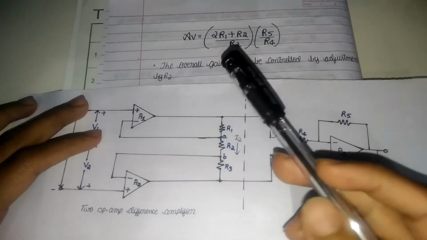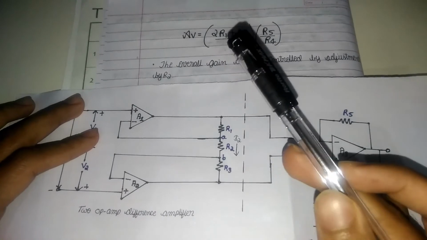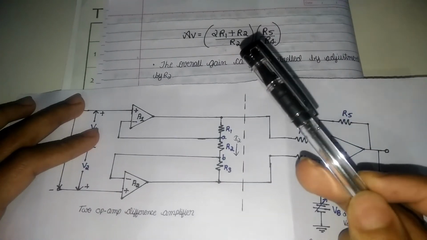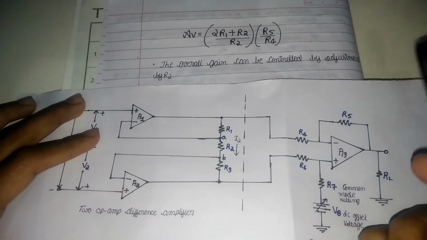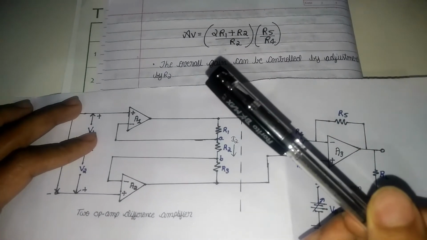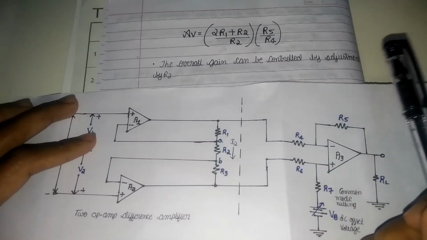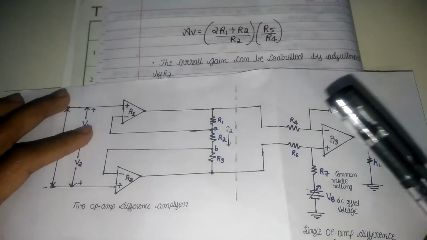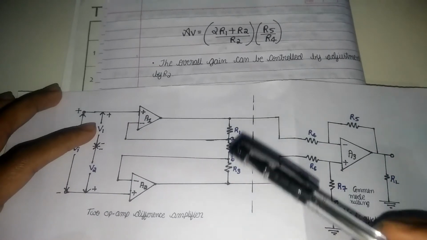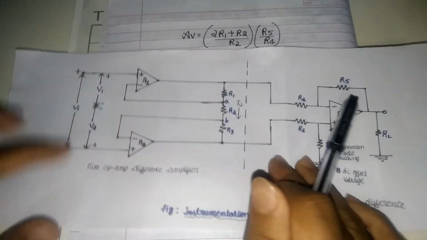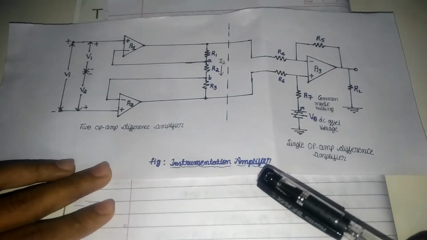The overall gain of the instrumentation amplifier is given by 2 into R1 plus R2 divided by R2 into R5 divided by R4. So the final point is that the overall gain can be controlled by the adjustment of the resistance R2. This is the overall operation of the instrumentation amplifier, my dear friends.